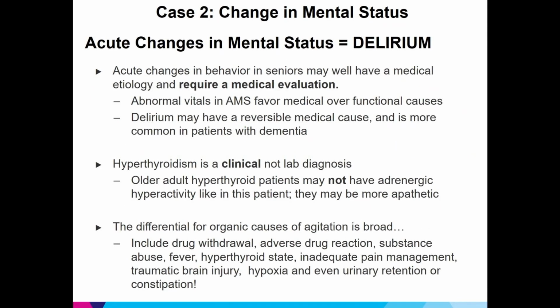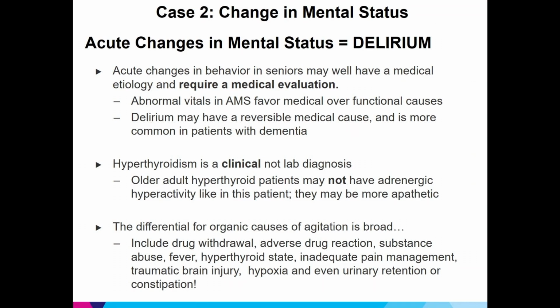So a few teaching pearls regarding this acute change in mental status. I highlight here this idea of delirium, this acute change that often requires a more thorough medical evaluation. Abnormal vital signs and altered mental status favors medical over functional causes, and delirium often has reversible medical causes and more common with our patients with dementia. Hyperthyroidism as presented in this case is a clinical diagnosis, not necessarily a lab diagnosis.